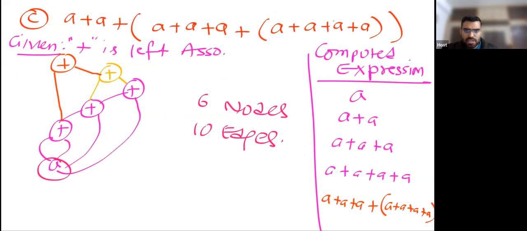See, this expression is already given to you. On DAG we perform optimization. For example, you have some intermediate code. On that intermediate code, we perform optimization.